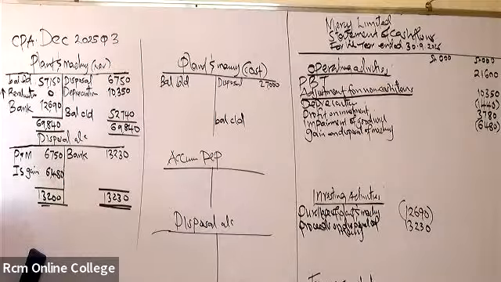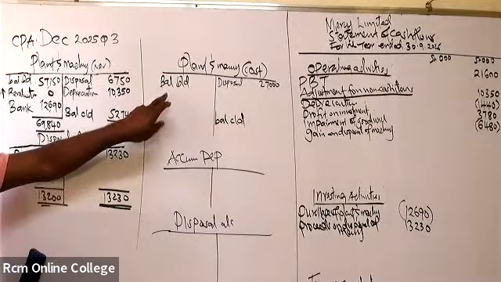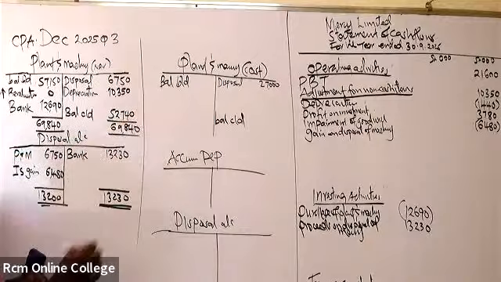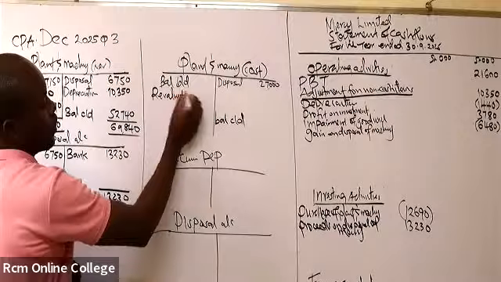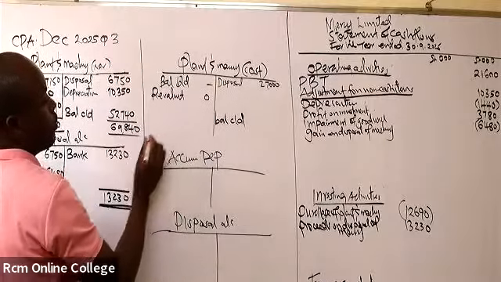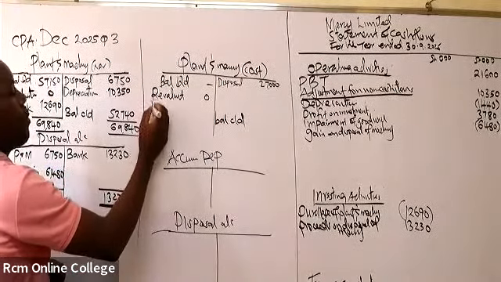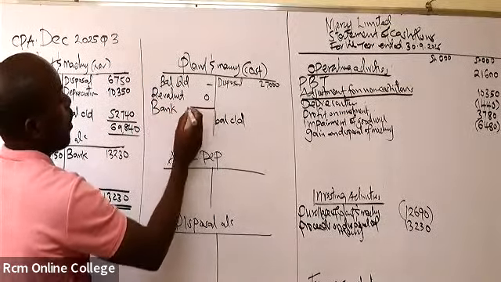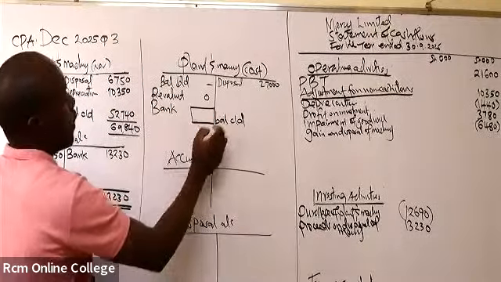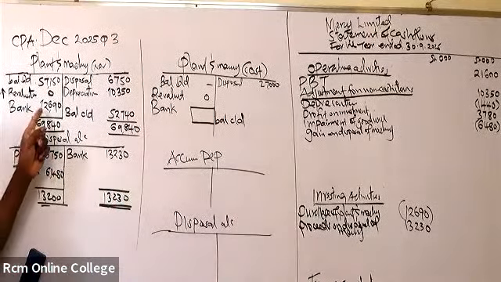Then revaluation, if it is there, the whole of it will be affecting our account. We're doing it there. Then you look at bank, if there's any purchase. Whether you do it at cost or at net book value, you will arrive at the same figure.